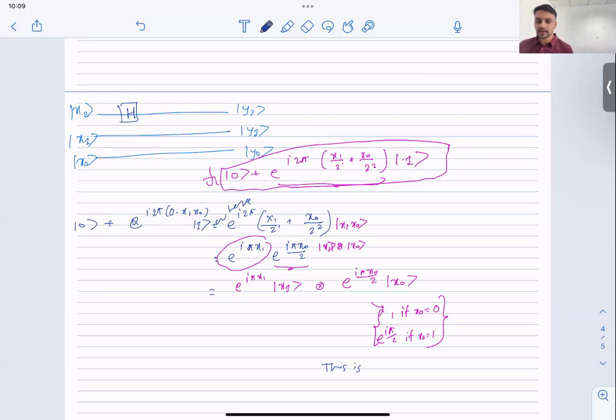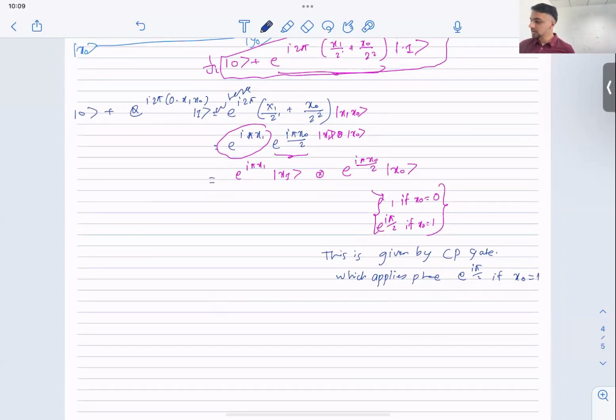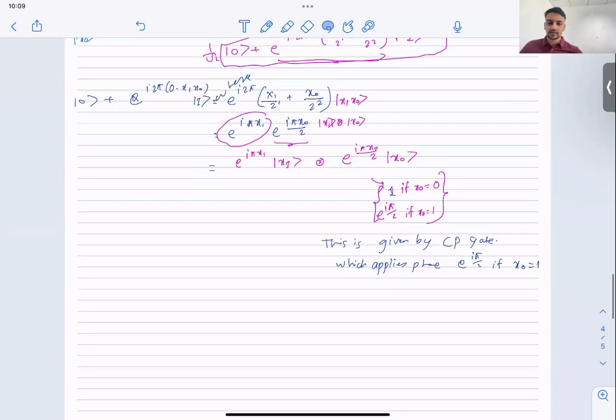So the second state is given by the control phase gate, which applies the phase e to the i pi over 2 if x0 is 1. Otherwise, it just remains 1. So you can see that this is going to be a 2-qubit gate. Just like CNOT, if it's 0, it doesn't do anything, and otherwise it applies some kind of phase, the control phase gate. Okay, and this is the second term.